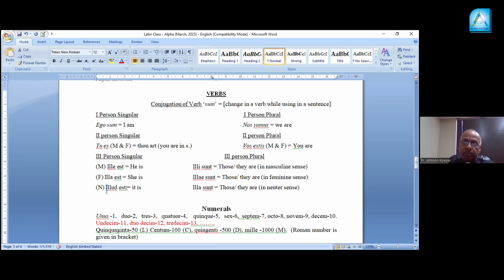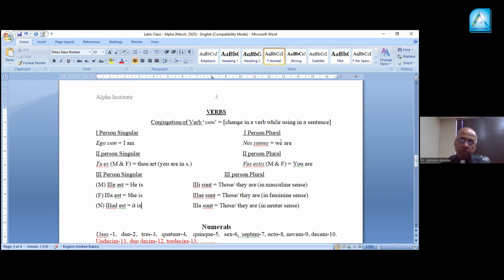Illud est, it is. We did not study neuter, so there cannot be a question regarding neuter nouns. Anyway, you may learn this because there will be a direct question for conjugating the verb sum. If I ask to conjugate verb sum: ego sum, tu es, ille, illa, illud est. Okay.